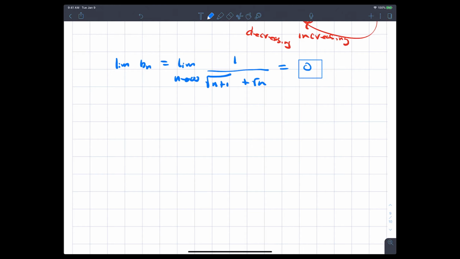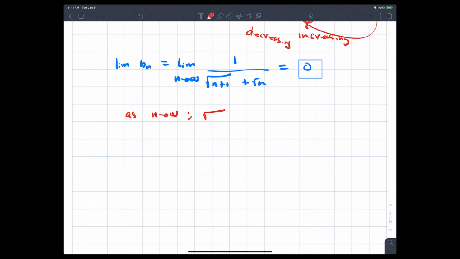And the denominator goes to 0, both of them. It's a sum, and so the denominator goes to infinity. Both of them go to infinity, so your ratio, 1 over this very, very big number, goes to 0. So this is what we're saying as n gets big.